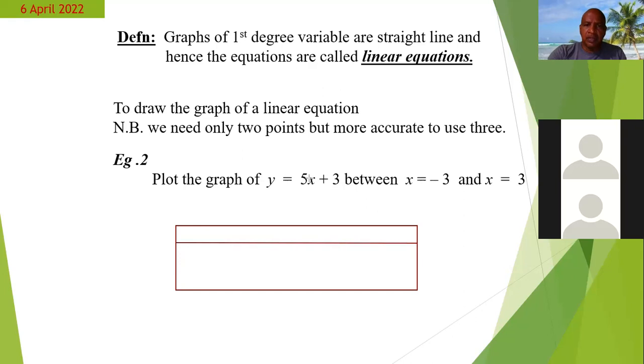Your second row should be your 5x row. Your third row should be the row with a +3 in it.